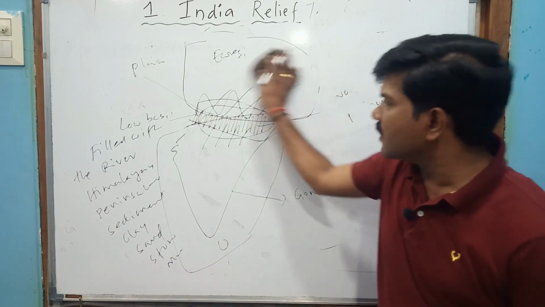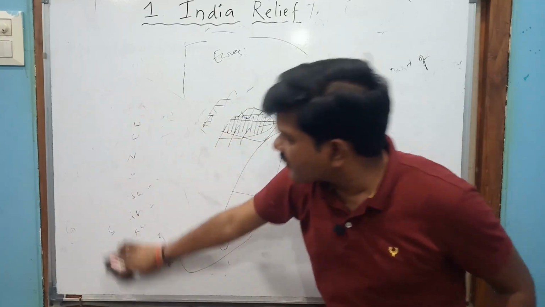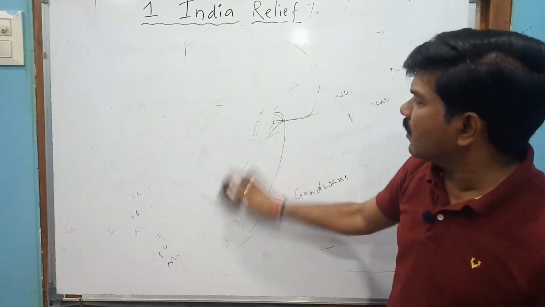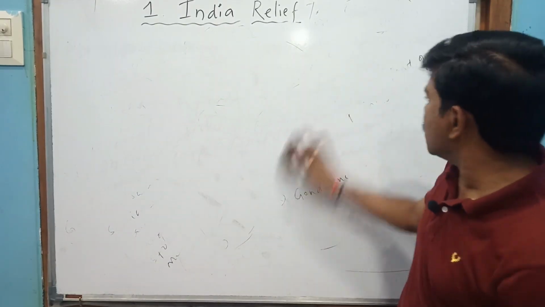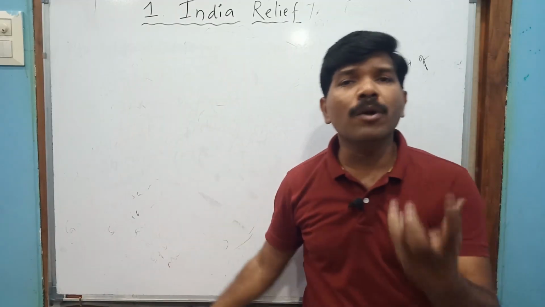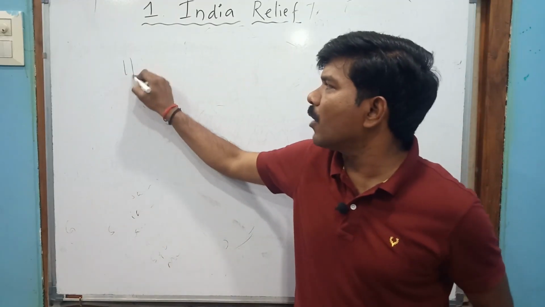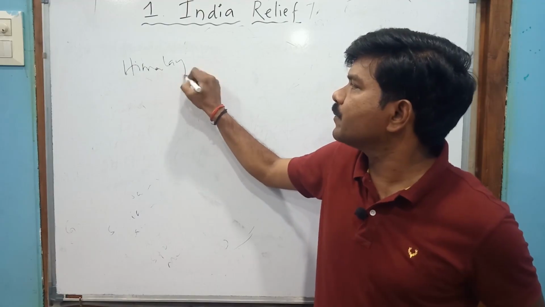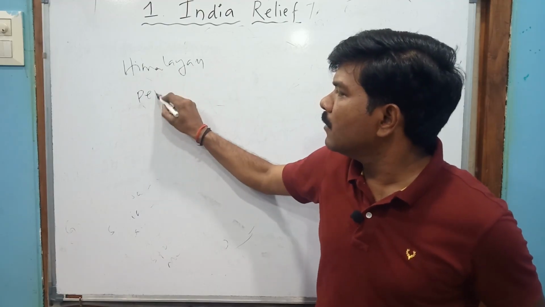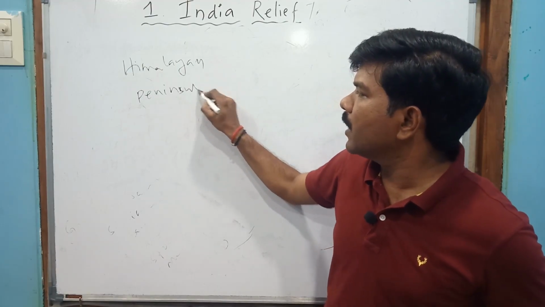So what I said just now: when Himalayas were formed, a low basin was formed. This low basin was filled with sediments. Who brought the sediments? These sediments were brought by Himalayan rivers and peninsular rivers.